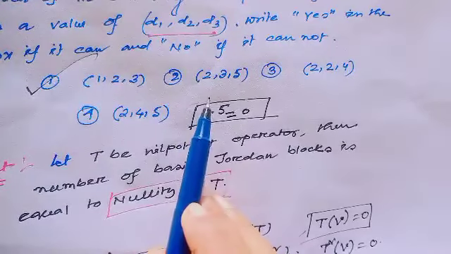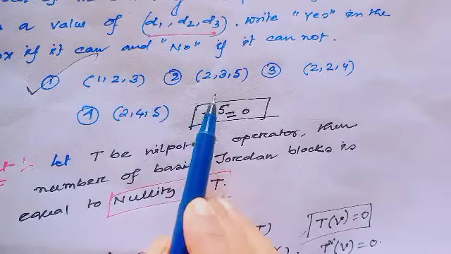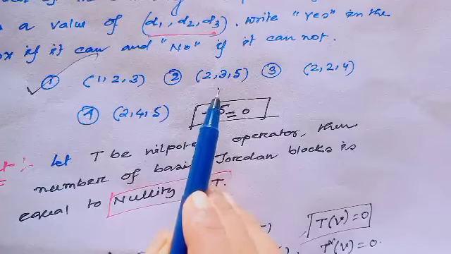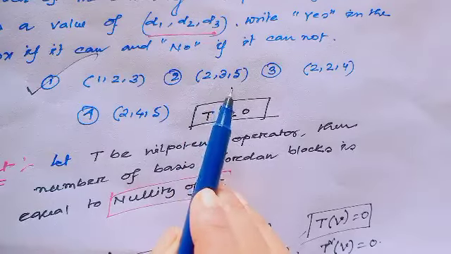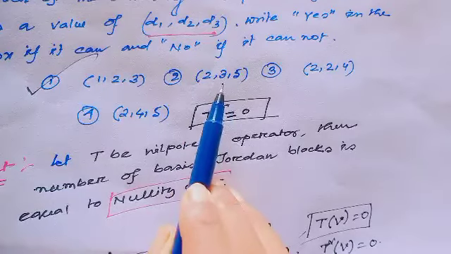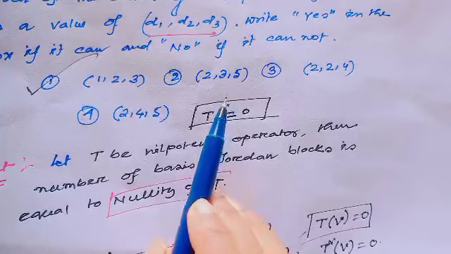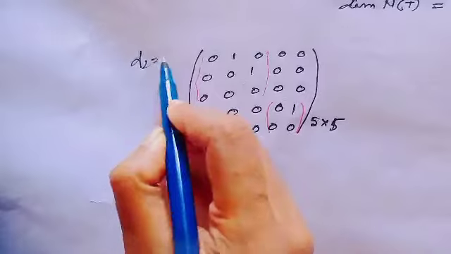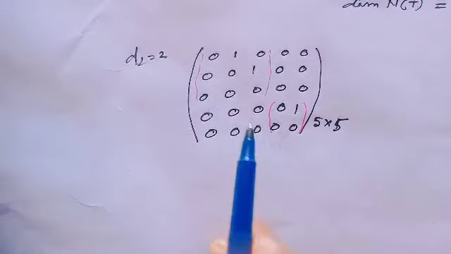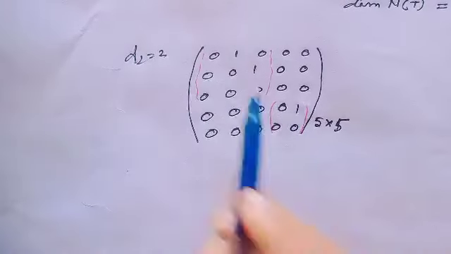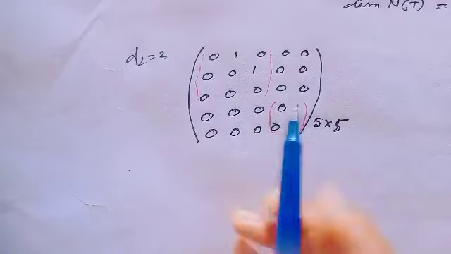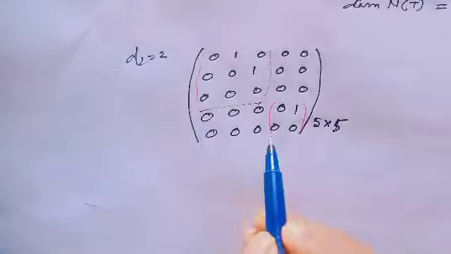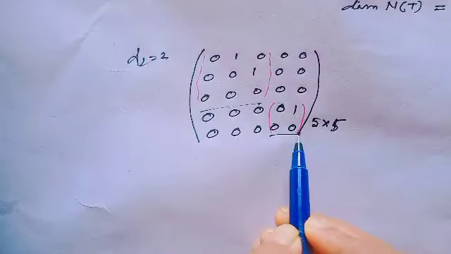Now consider option 2. Here d1 equals 2. Now we have to see if d2 equals 3 and d3 equals 5. For this, d1 equal to 2 means here 2 blocks exist, and in a 5 by 5 matrix 2 blocks would be of such type: here one block and here another block.